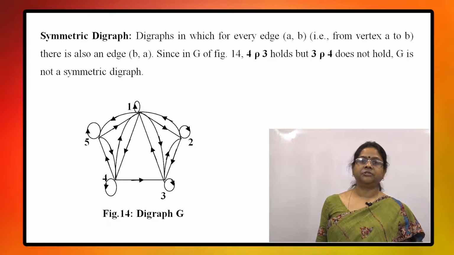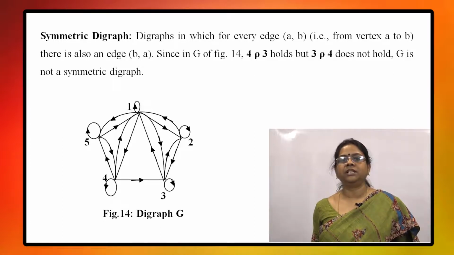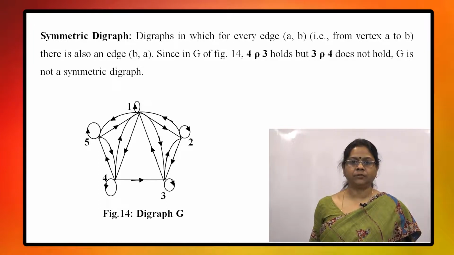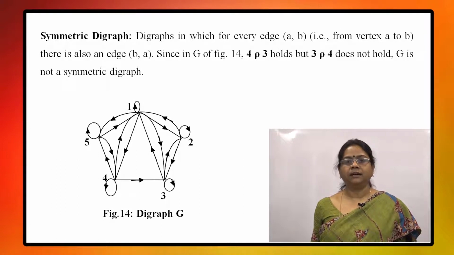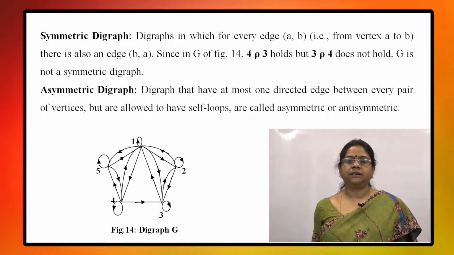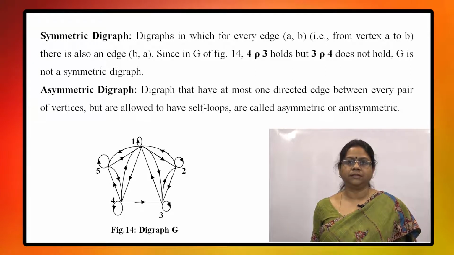And in the asymmetric digraph, we have an asymmetric relation, meaning if A rho B and B rho A both hold, then A must be equal to B. So simultaneously A rho B and B rho A cannot hold. Similarly, digraphs representing such relations can have at most one directed edge between any pair of vertices.